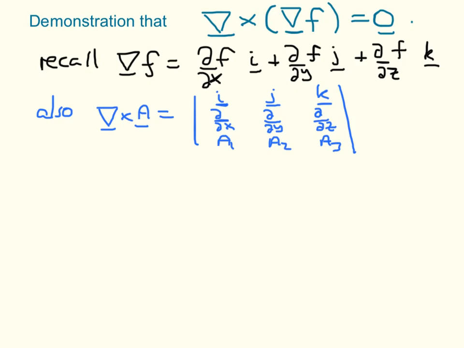Okay, so let's now just take this and substitute it into here. So this is the field whose curl we are going to calculate. So A1 is going to be df dx, A2 is df dy, and A3 is df dz.